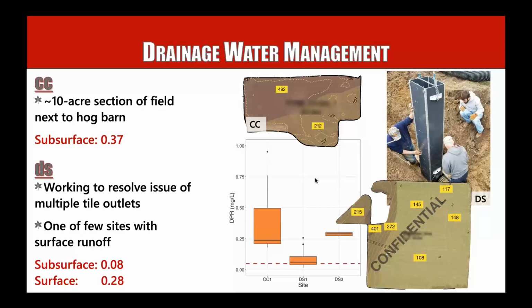So that's one of the questions we're trying to answer here with drainage water management. Is it possible that there's higher concentrations coming off the surface, and if we put in the drainage water management and get more of that surface runoff, we might be encouraging more phosphorus runoff from those sites than we're stopping? So that's some preliminary results from drainage water management.